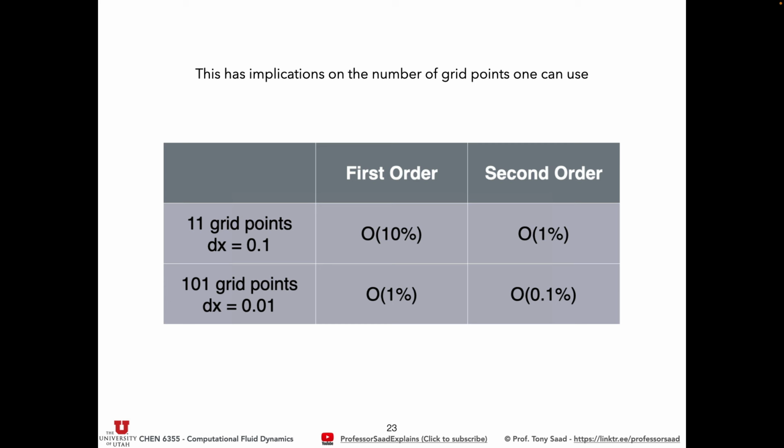For a second order method, your error is on the order of 1%. With a first order method, to get to an error of 1%, you need 101 grid points. That's 10 times more grid points to get the same accuracy that you would get with 11 grid points in a second order method. Pretty nice. A second order method with 101 grid points gets you to 0.1%.